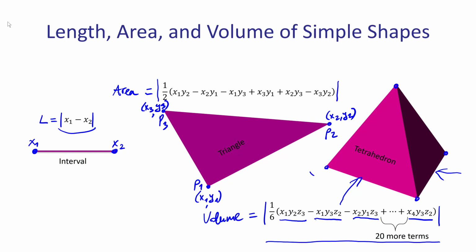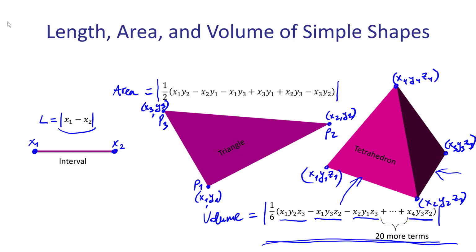So this will be point x1, y1, z1. This point is x2, y2, z2, x3, y3, z3, and x4, y4, z4. And this is how you compute that volume.